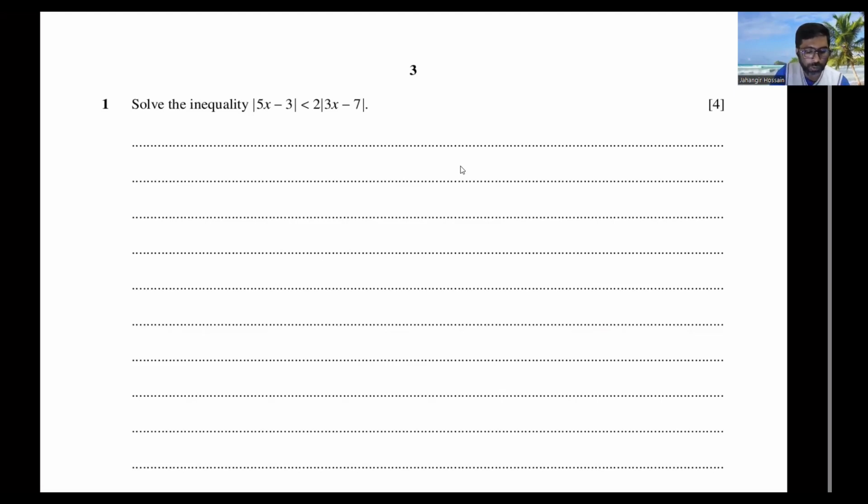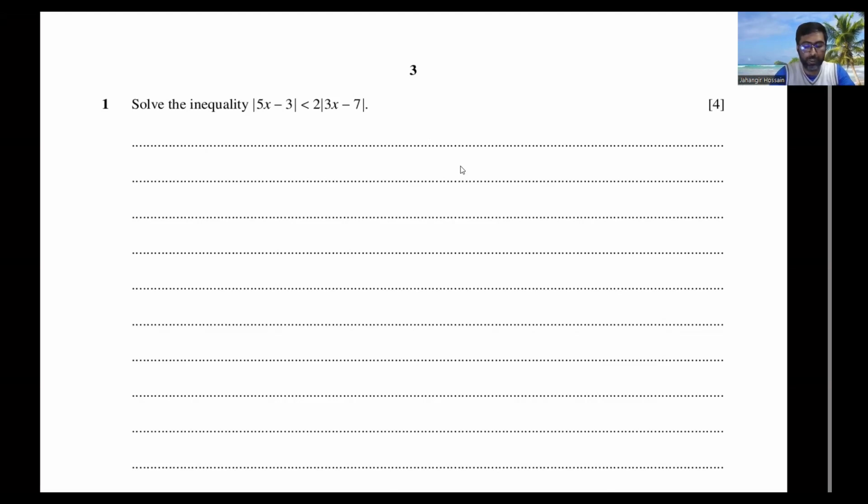The other one is simply find the point of intersection of these two curves, the one on the left hand side, the one on the right hand side. Then using the x-coordinates of the points of intersection as critical values, divide the number line in three different regions.